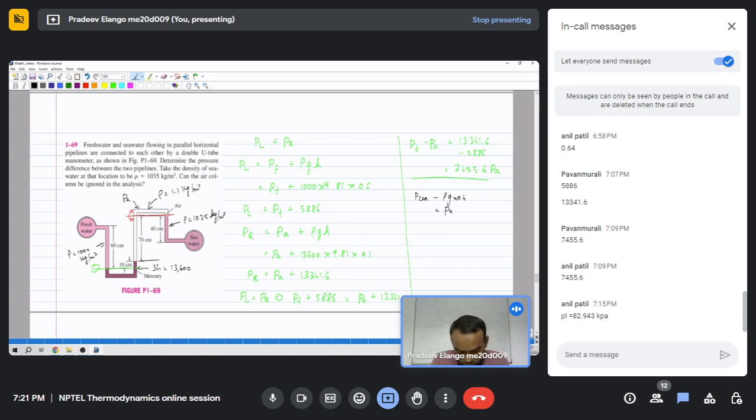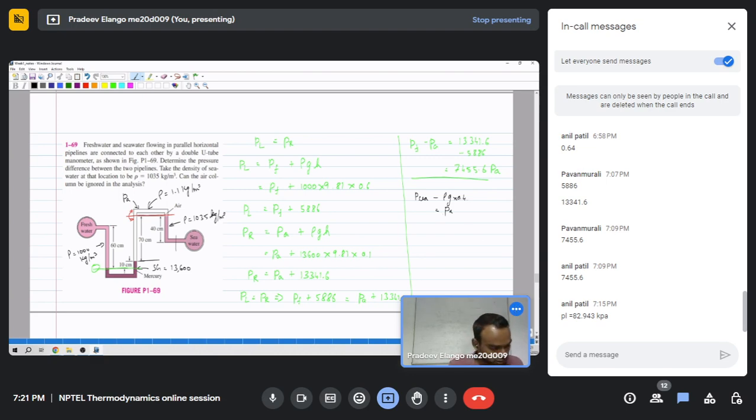So at this point, the seawater pressure is equalized by this column and the air pressure, right? Yeah, thank you for that.